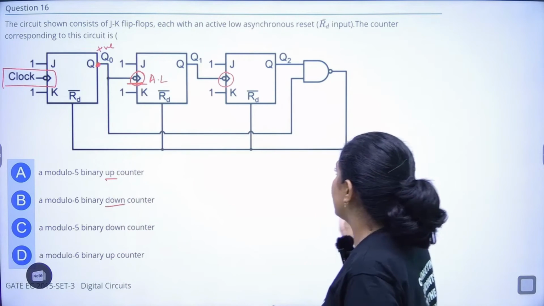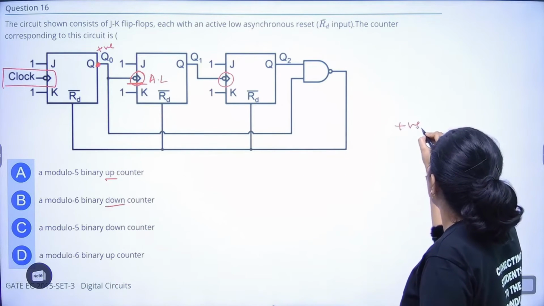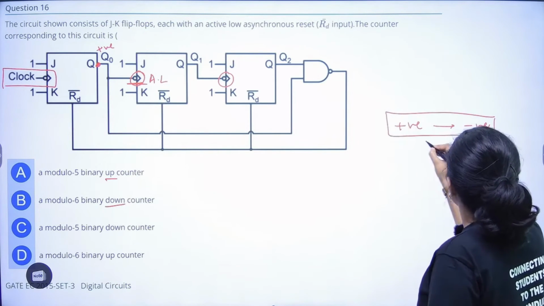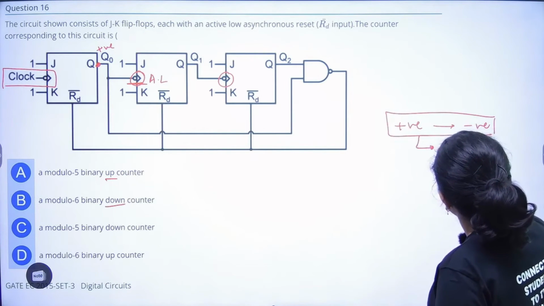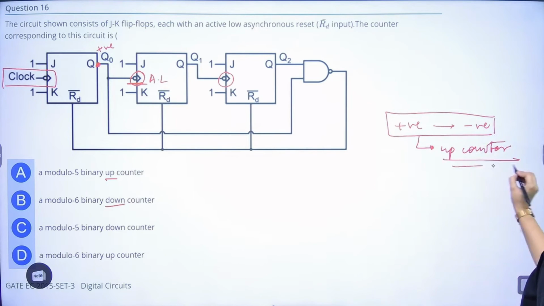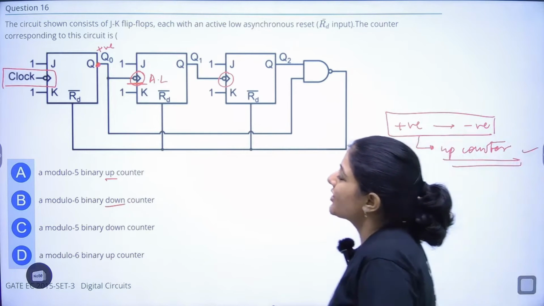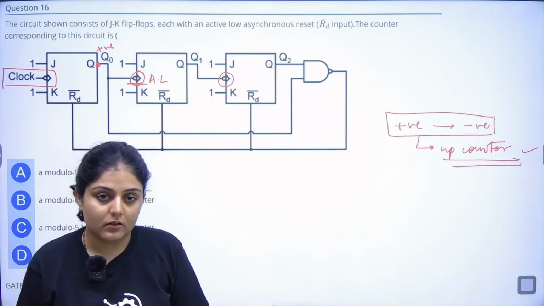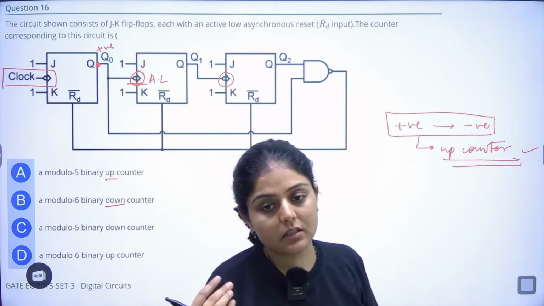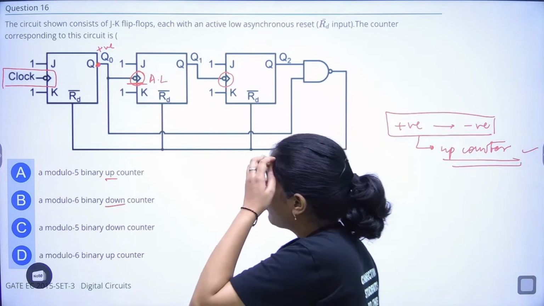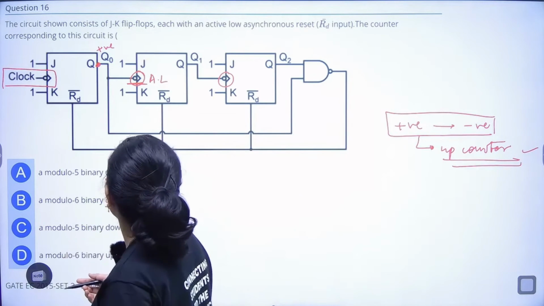Whenever this transition is there, from positive to negative or negative to positive, the counter is always an up counter. So what kind of counter is this? Up counter. A positive signal is given to a negative edge triggered clock, so that means the counter is an up counter.